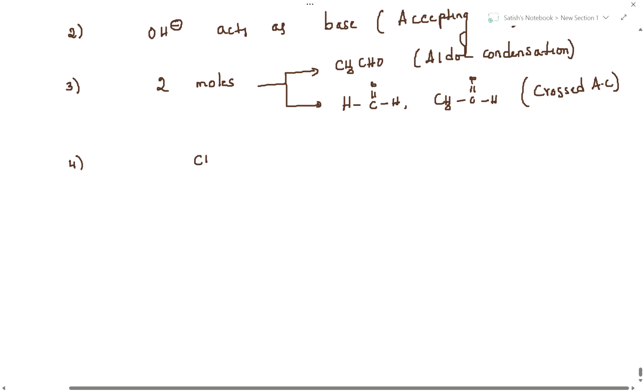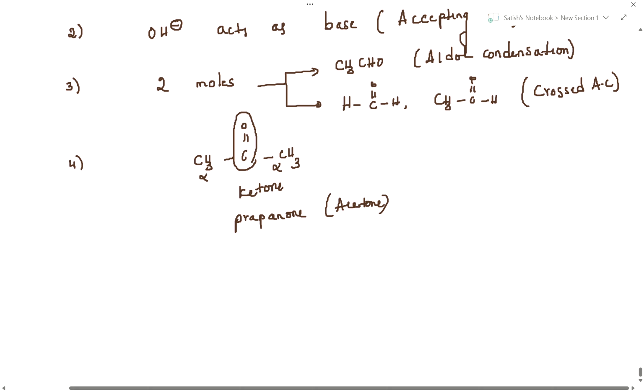Suppose a ketone: CH3 C double bond O CH3. This is a ketone. What is the ketone name here? The IUPAC name is propanone, and the common name we all know is acetone. Even in a ketone, this is the priority group, this is the functional group. The next carbon we call alpha, and this side also the next carbon is alpha.